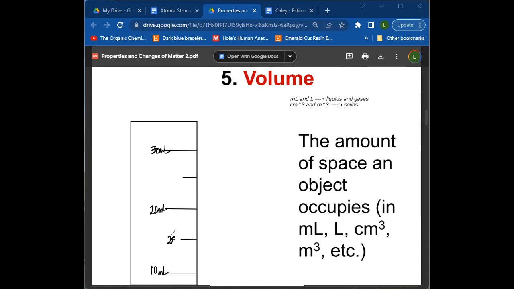Okay, so let's say we would need a graduated cylinder. We would fill the graduated cylinder with a known amount of water. Okay, so first let me finish the graduated cylinder, 12.